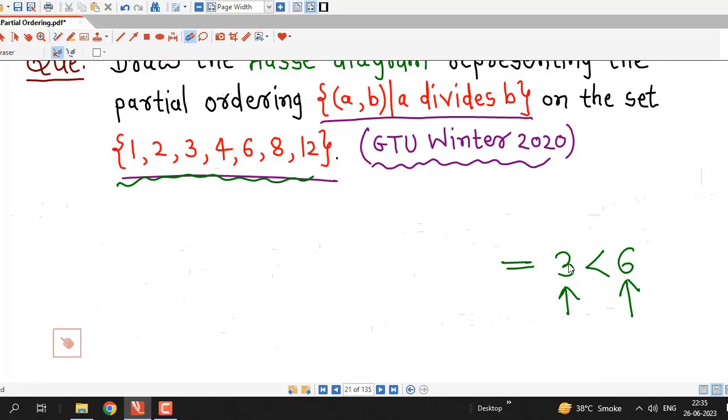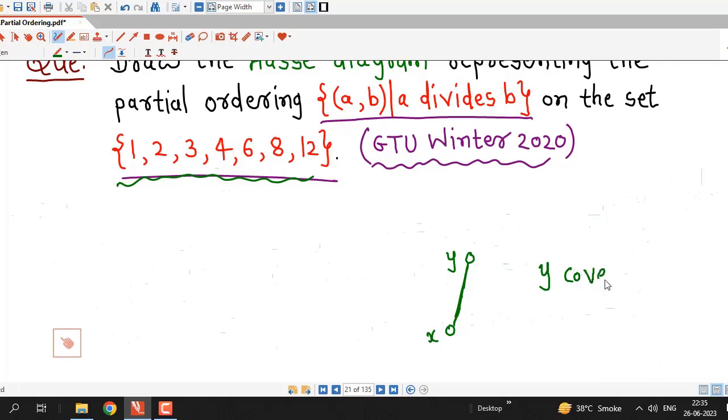And the last important thing is, if we have two circles which represent two elements, then we will join these two elements by a line, or a line is drawn between x and y if and only if y covers x. If y covers x, then only a line is drawn between x and y.